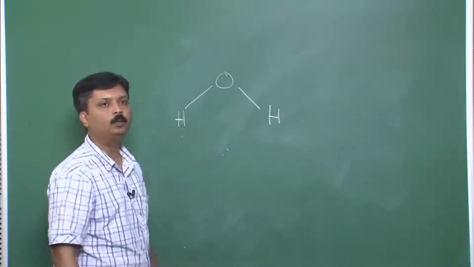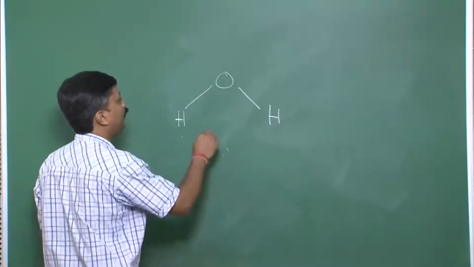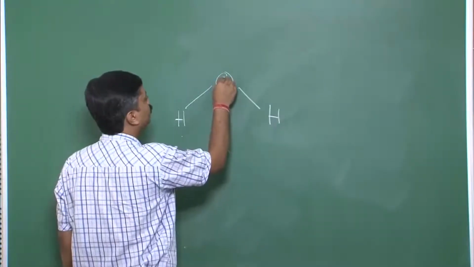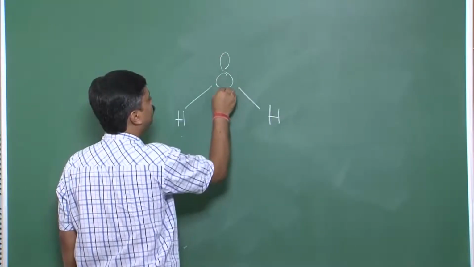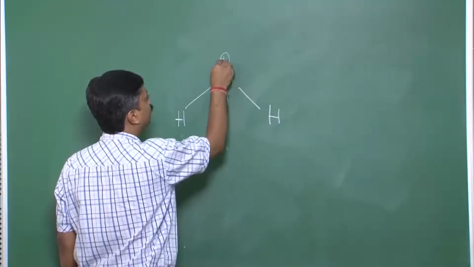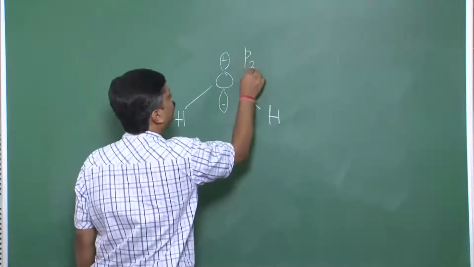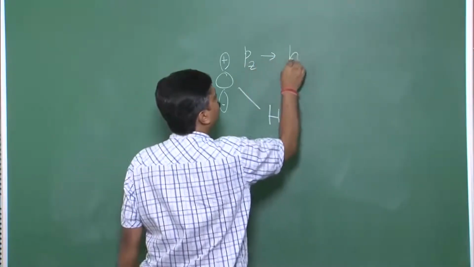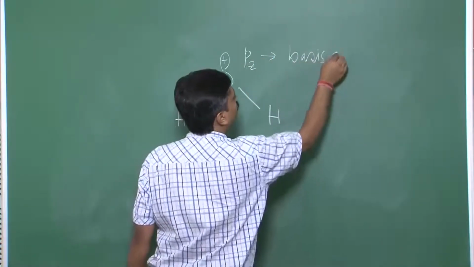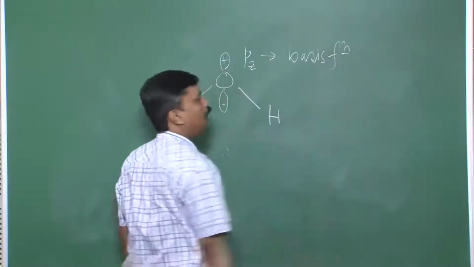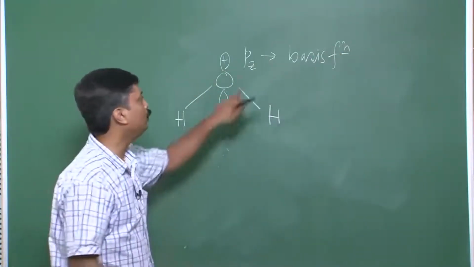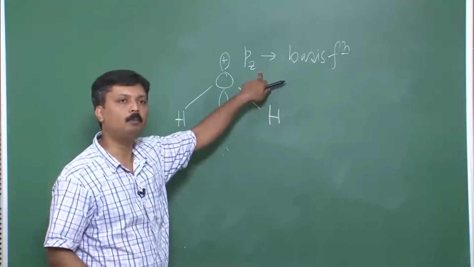What I can do is take, say, a pz orbital here. This pz orbital will act as my basis function, and I have only one function, so this single function will form my basis set.